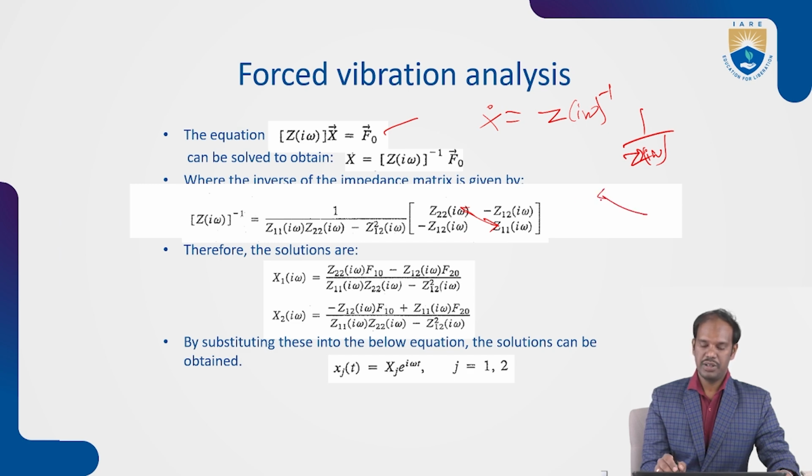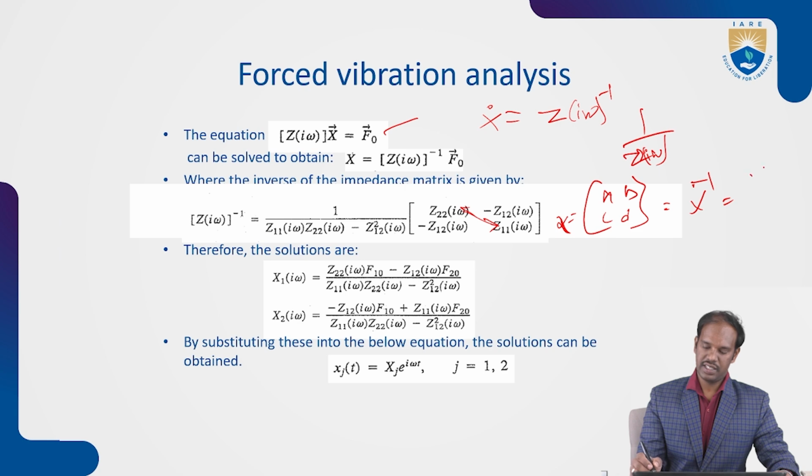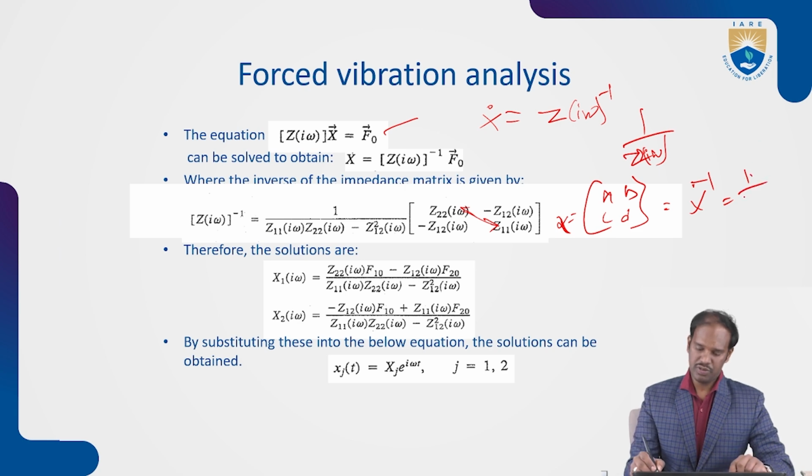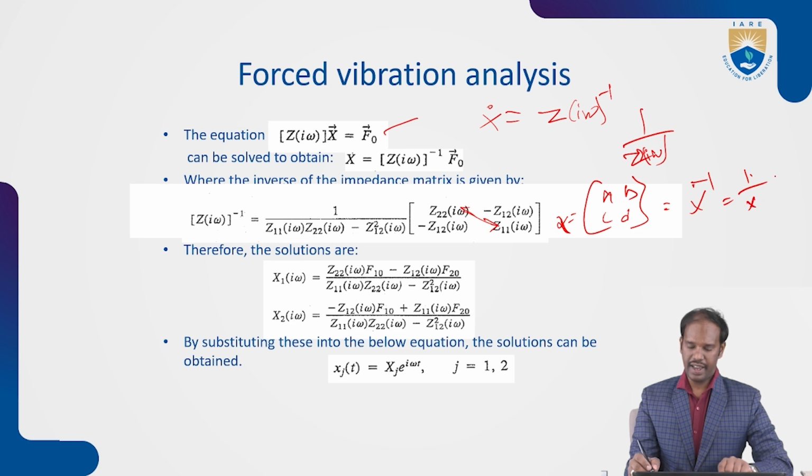For a matrix a b c d, we write the inverse, taking x equals the inverse times the forces. The inverse is 1 over (ad minus bc), with entries d, minus b, minus c, a.